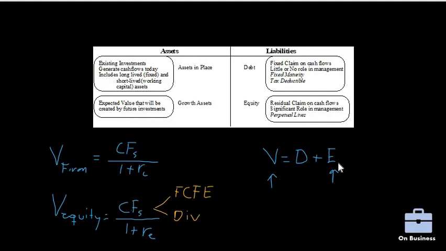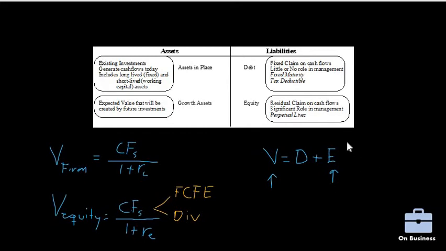Other firms, like General Electric, have a lot of debt, so there's a very big difference between the value of the firm and the value of equity. And actually, some firms have a lot of debt to the extent that no cash flows are left to the equity holders, and therefore their equity is meaningless and has no value.